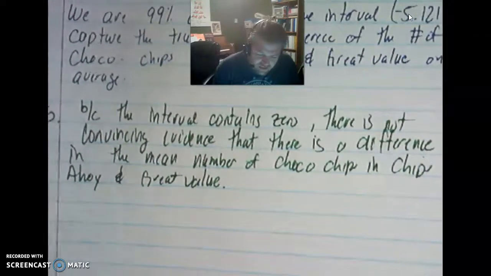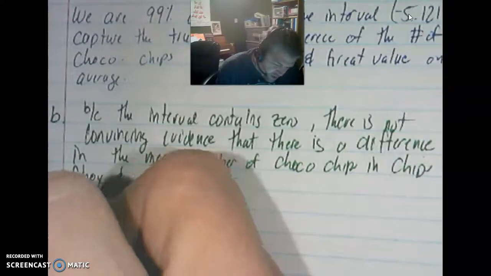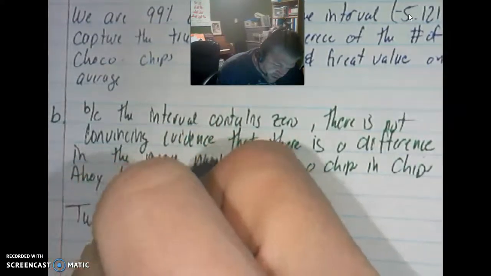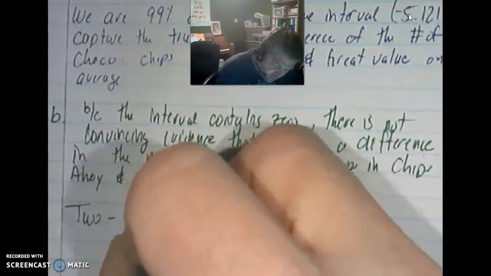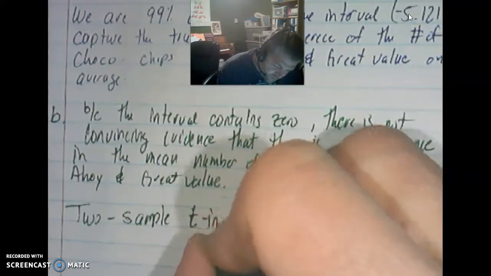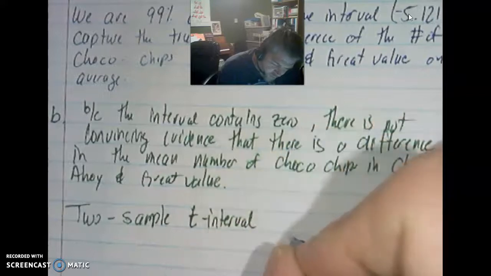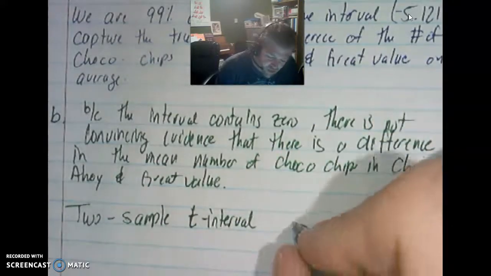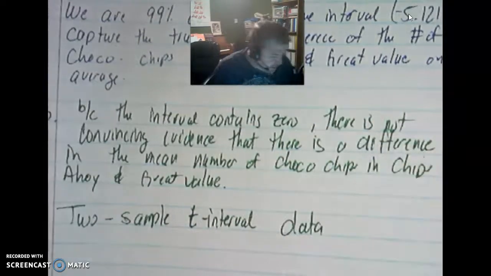All right, now that takes care of that. We've done these before. We can do this on the calculator by choosing a 2-sample t-interval because we have the data entered. We would choose the button data.